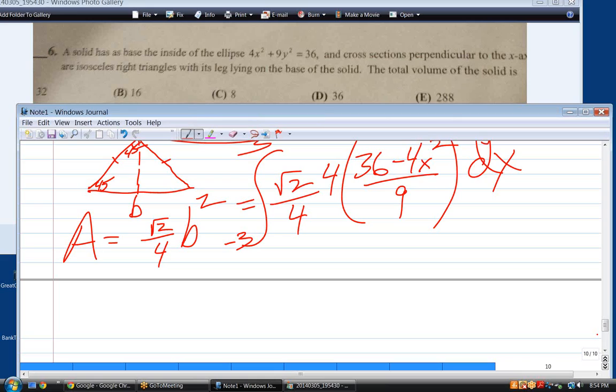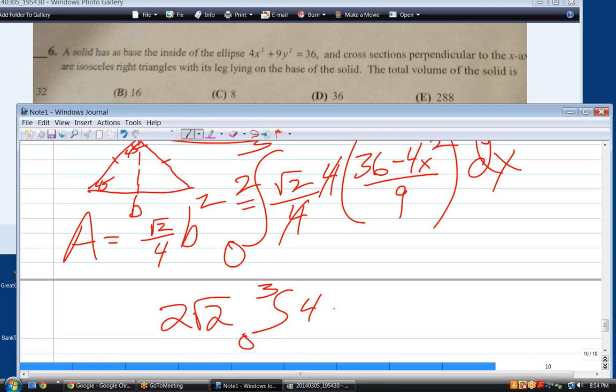And we know it's symmetrical, so I can integrate from 0 to 3 and multiply it by 2. So let's cancel that 4 and that 4. Let's take this root 2 outside. So we have 2 root 2 times the integral from 0 to 3 of 36 over 9, which is 4, minus 4x squared over 9 dx. So this should be our answer.